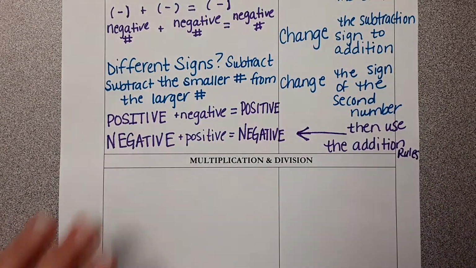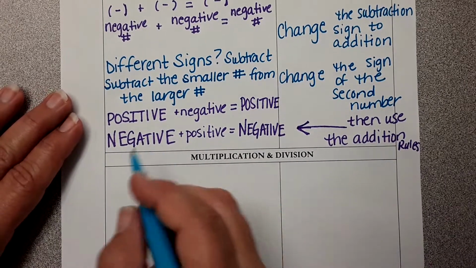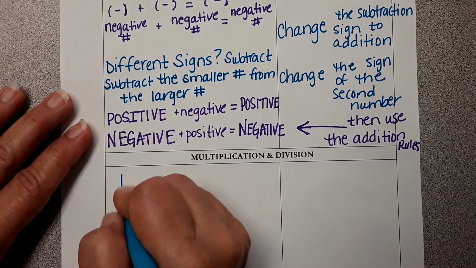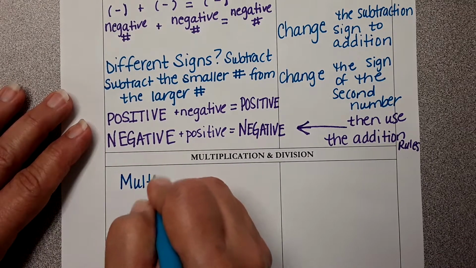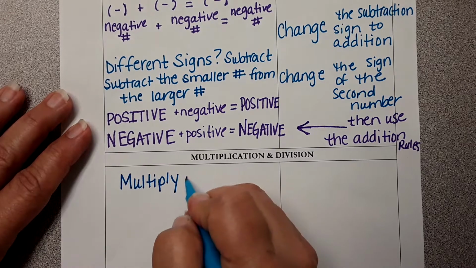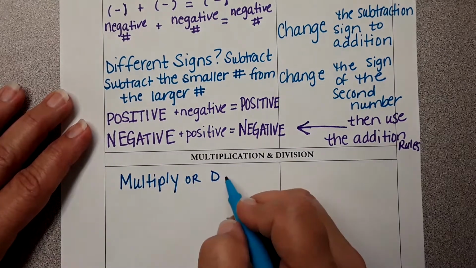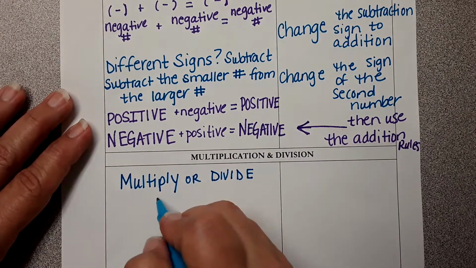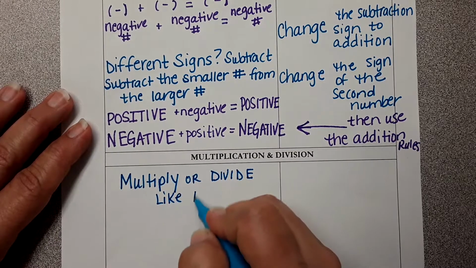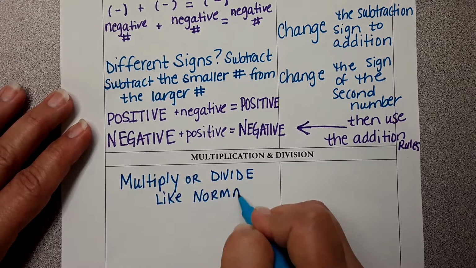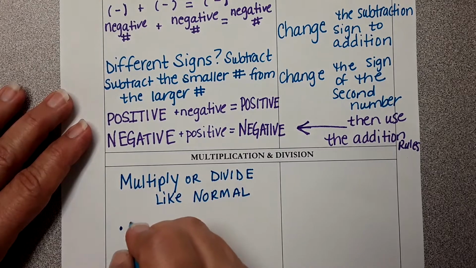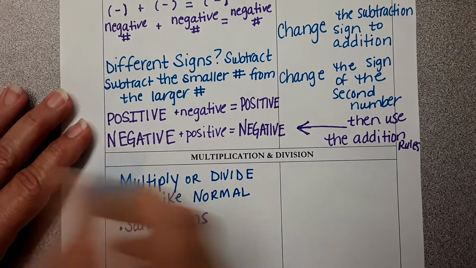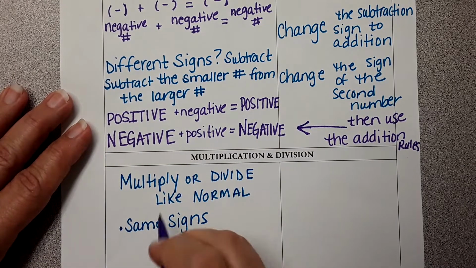Now we're going to do multiplication and division. So you're going to multiply or divide like normal. If the numbers have the same signs, the answer is going to be positive.